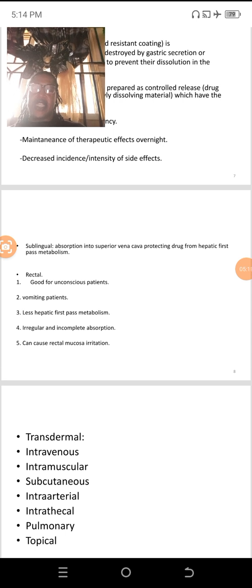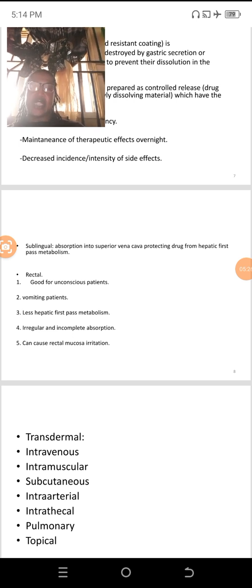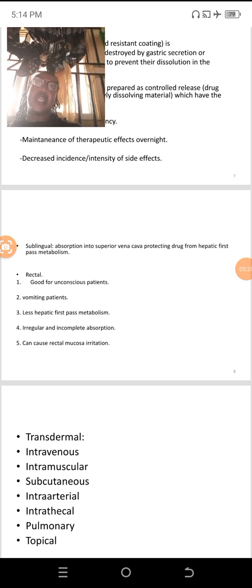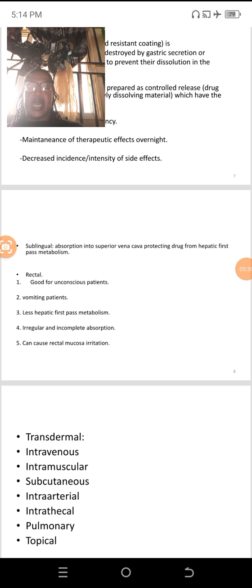Sometimes rectal diazepam is administered to them prophylactically, in which case the diazepam is administered via the rectal route once you notice that they are developing fever. And with this, the likelihood of them developing convulsion is markedly reduced.